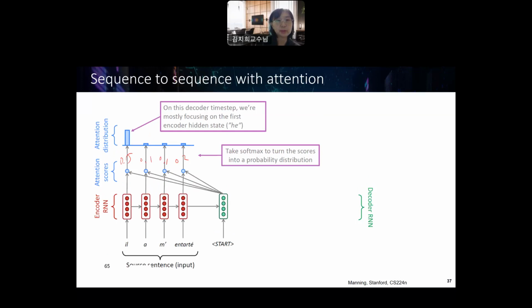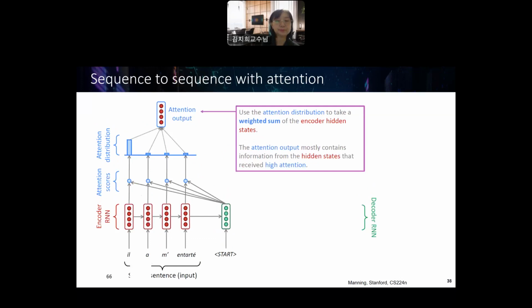If we have a set of numbers and we want to turn them into a probability, what do we do? Yeah, we do softmax. So the bigger numbers will have a higher probability, but it will be normalized into a probability distribution.